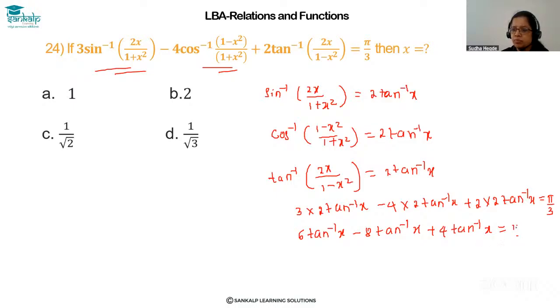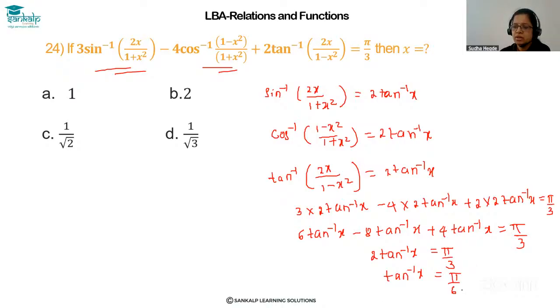Simplify, get the answer. So 6 tan inverse x minus 8 tan inverse x plus 4 tan inverse x. So it is 2 tan inverse x is equal to pi by 3. Tan inverse x is equal to pi by 6. Therefore, x must be equal to, what is x?